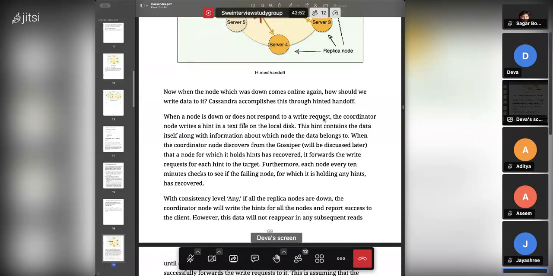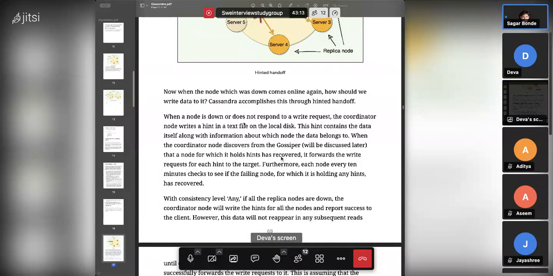So Sagar, for the gossiper, gossiping is about health as one use case. Yeah, health of these nodes. Okay, correct. Maybe we'll come to know whether the data will also be gossiped or not. This makes the earlier doubt clear as well, Shrini. It looks like the gossiper only takes care of the heartbeat or the health.